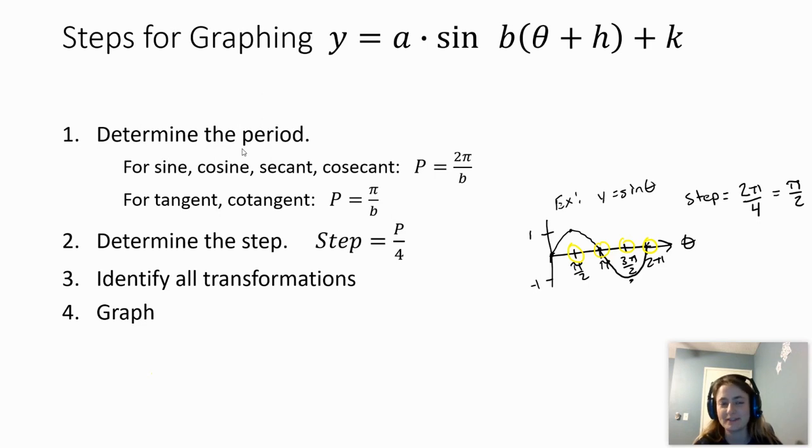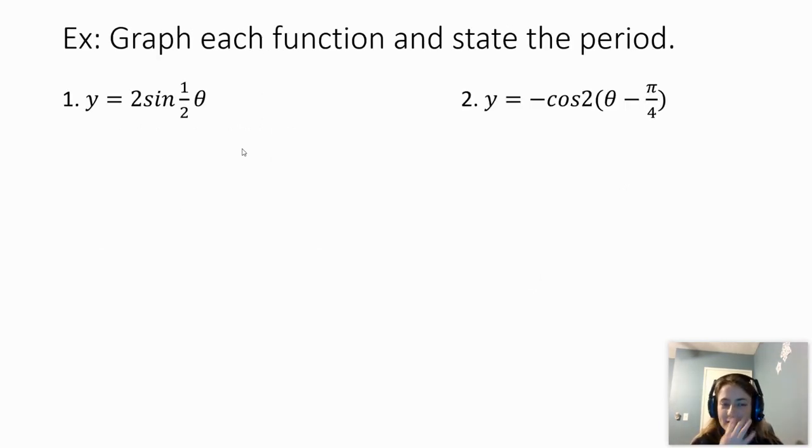So our first step, determine the period. For sine, cosine, secant, cosecant, we're going to use the period is 2 pi over b, since this is sine. Let me identify the parts here. This is b, and this is a.